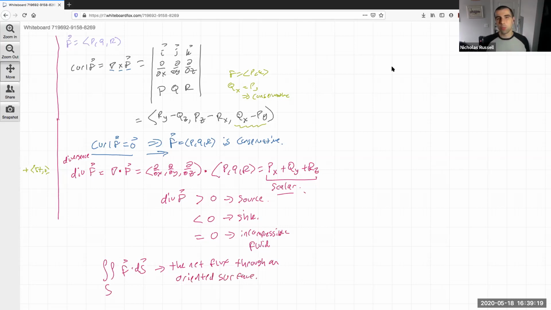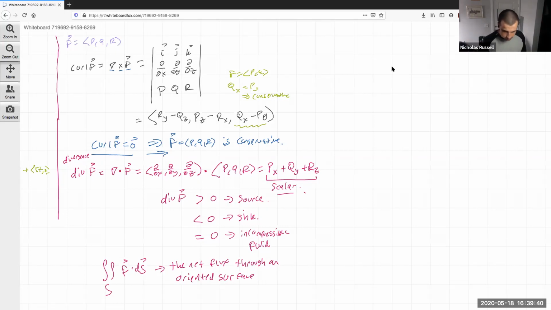Because I have to talk about which way I'm thinking about going. If I have a piece of paper, am I thinking about how much fluid's going this way or how much fluid's going this way, in which direction? So I have to be very careful with that. And that's why we have to think about the normal vector and all that orientation-wise. So that's the oriented surface.